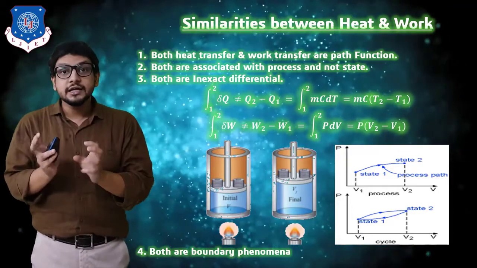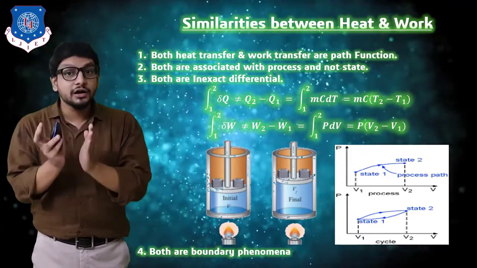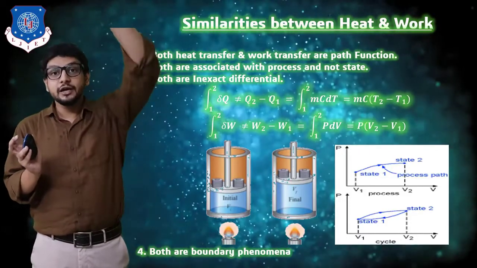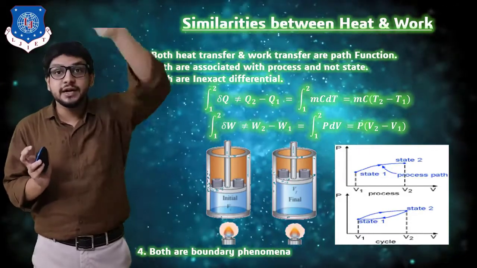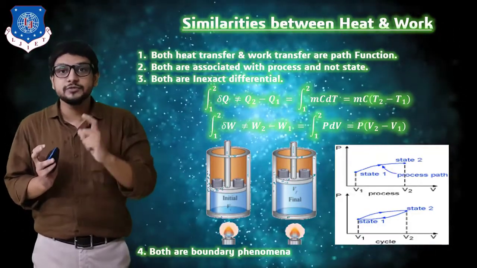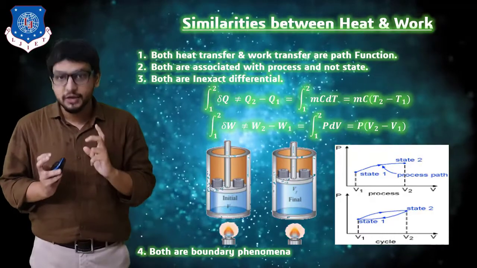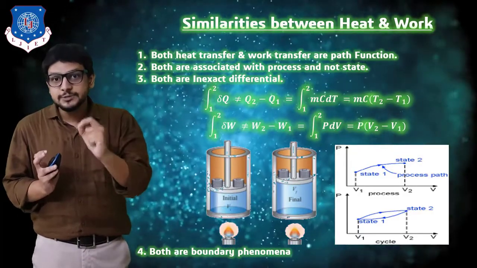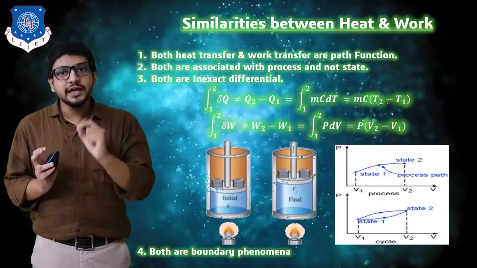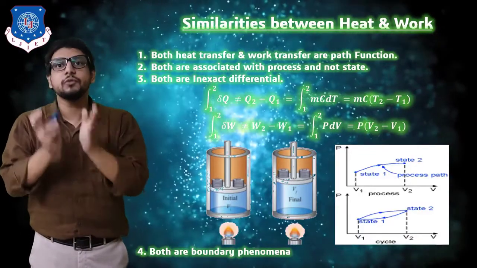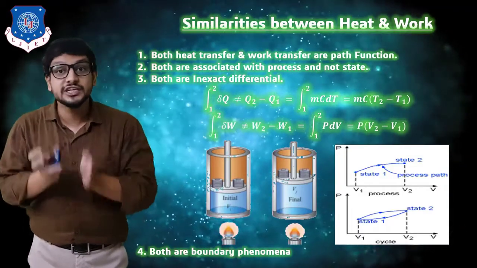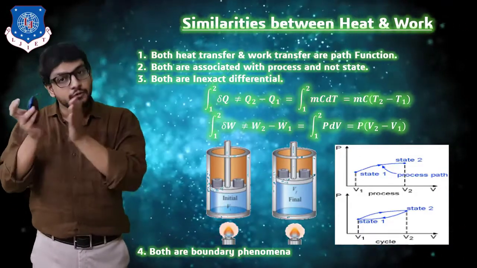But what we can say is that a work transfer has occurred when the piston has moved from state 1 to state 2. That is a motion, a displacement occurring. Whenever this displacement is occurring, we can say that a process is performed, right? And whenever a process is performed, a system follows a certain path. So we can say that heat transfer and work transfer both depend on the path of a system, which indicates that they are path functions.